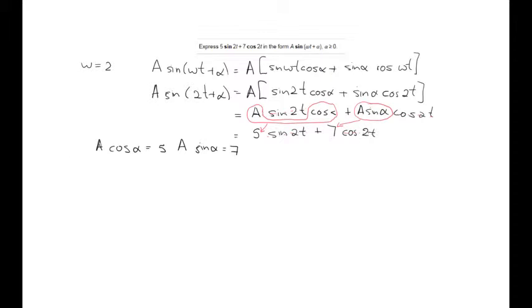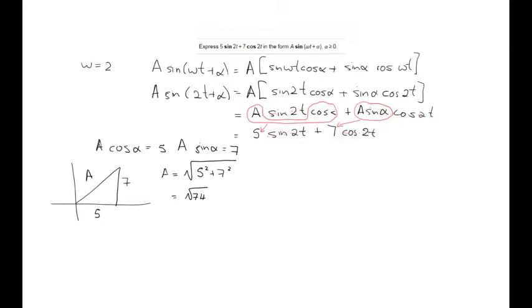Now let's just put that in a little diagram. The hypotenuse is going to be a, and from our basic trig knowledge we know that the horizontal is going to be 5 and the vertical is going to be 7. That allows us straight away to work out what a is. A must be the square root of 5 squared plus 7 squared, which is the square root of 74.